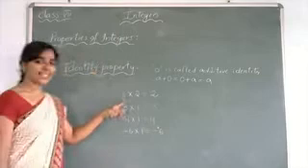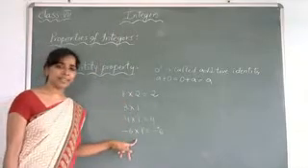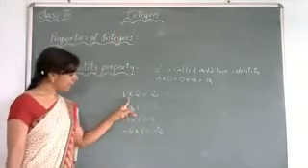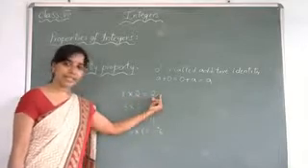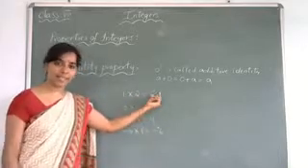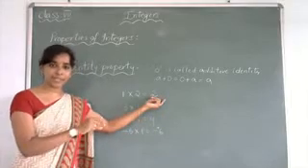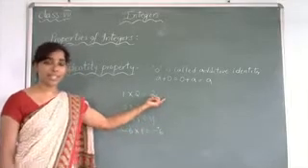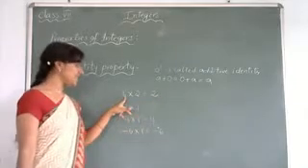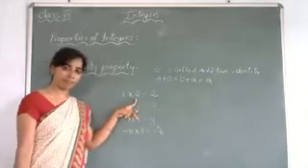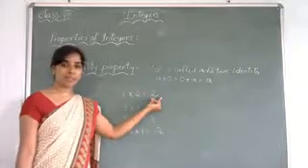Can you observe anything common in this? If we multiply 1 with any of these numbers, we get the same number itself, right? Earlier we discussed 0: if any number is added to 0, we get the same number. Likewise, if any number is multiplied with 1, we get the same number itself.